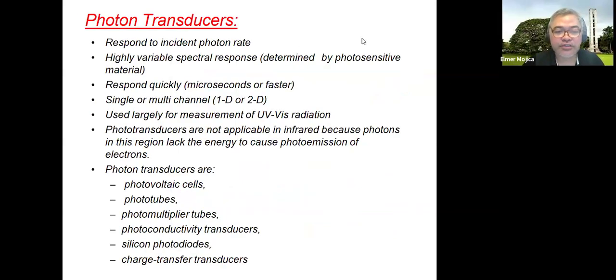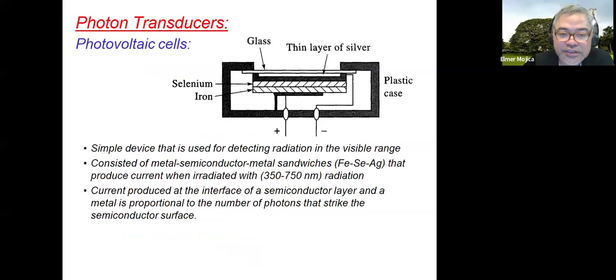So if we're going to look at this photon transducer, usually they respond to incident photon rate, okay? And they have a highly variable spectral response determined by the photosensitivity of the material. You can see it here.